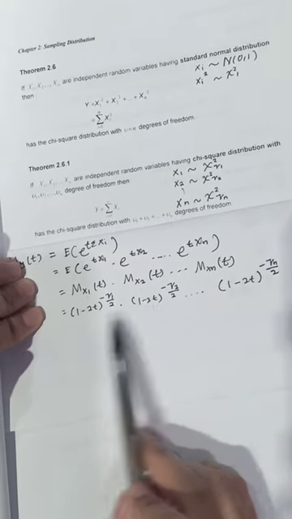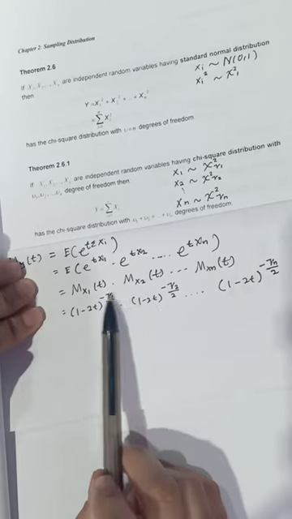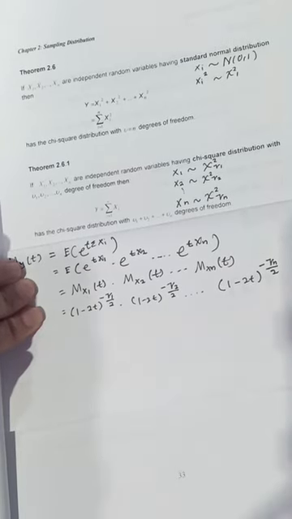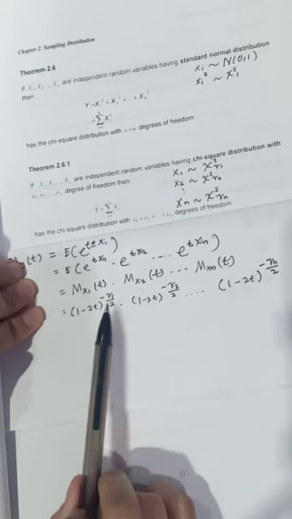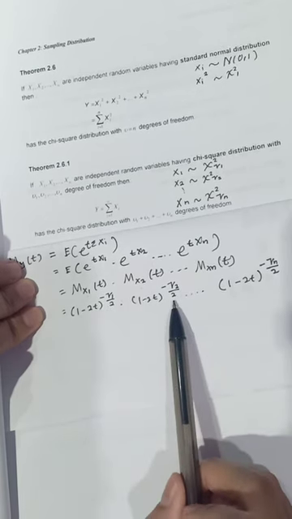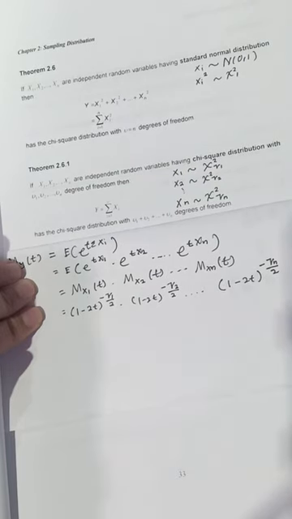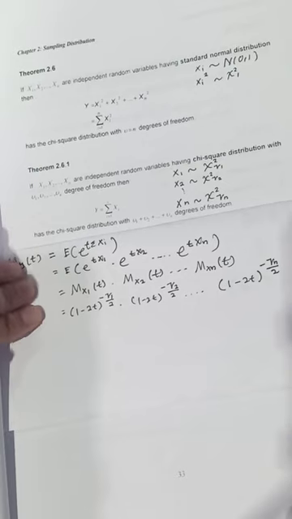When you multiply this, the indices will be added, right? So it will be negative nu1 over 2 plus negative nu2 over 2 plus negative nu3 over 2 until negative nu n over 2.